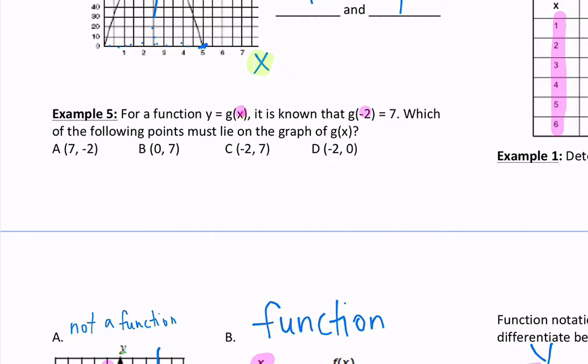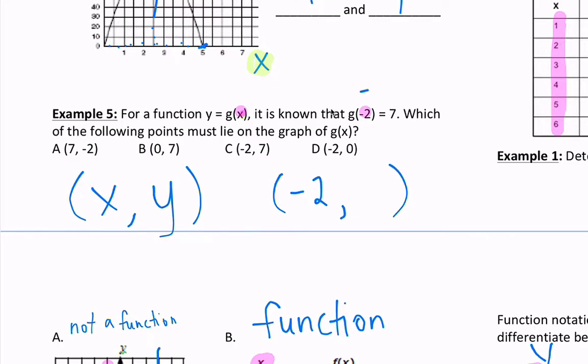Okay, let's talk real quick, guys. When you write a point, it's always x, comma, y. So we know that inside the parentheses, that's your x value. So I know my x value is negative 2. Okay, we know that this whole thing means y.